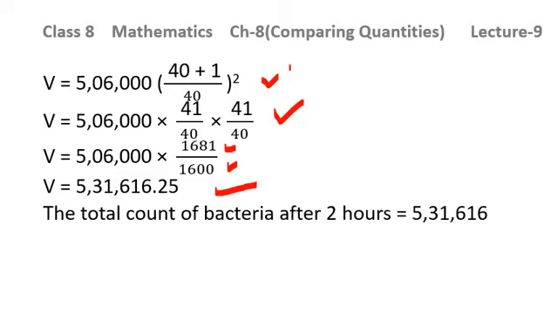We are taking the approximated value. So the total count of bacteria after 2 hours will be 5,31,616.